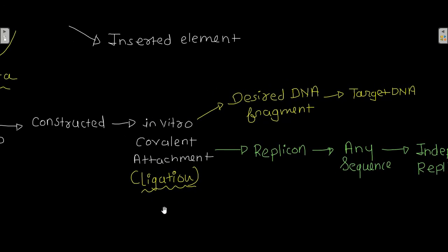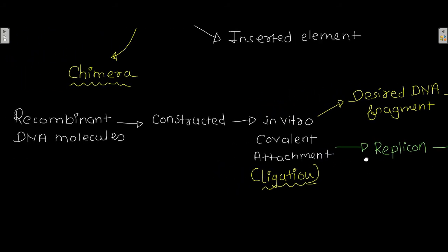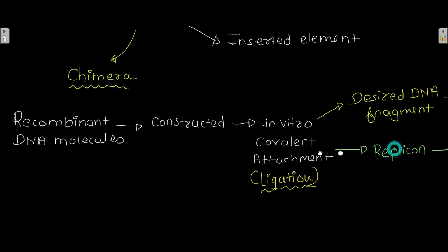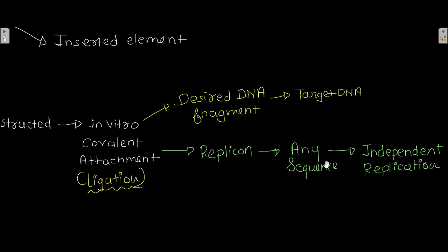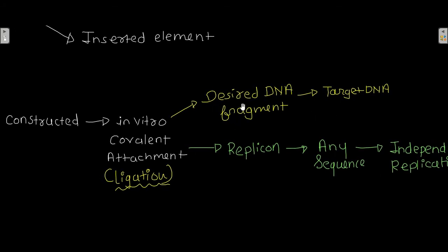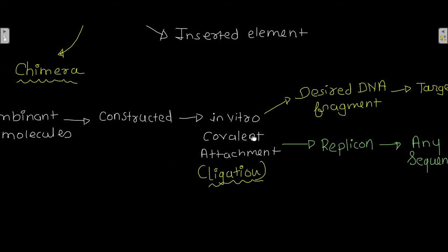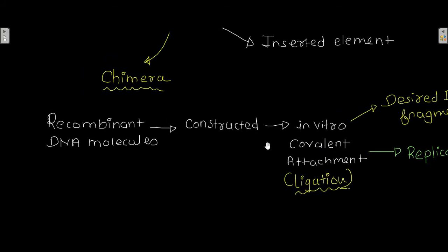So the ligation between the desired DNA fragment and the replicon gives you the recombinant DNA molecule. Once again, the replicon is any sequence capable of independent replication, and the desired DNA fragment is your target DNA that you have to clone. When these two are attached covalently in vitro, that gives you the recombinant DNA molecule.